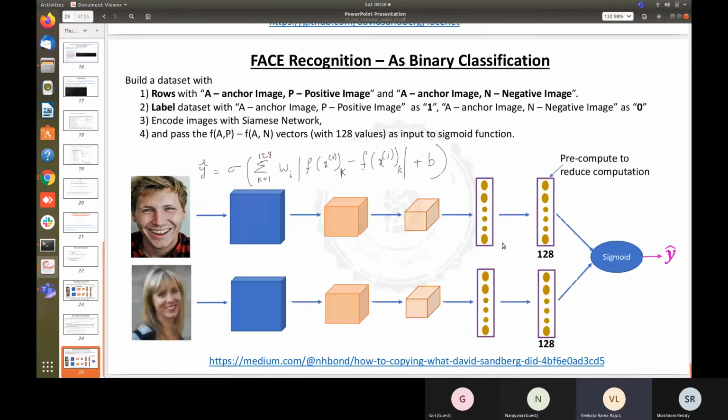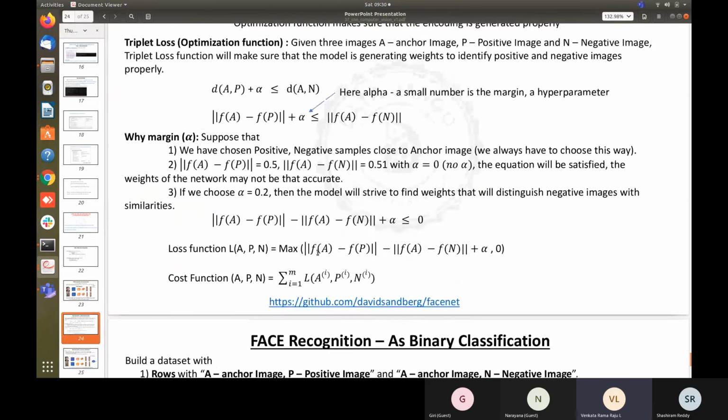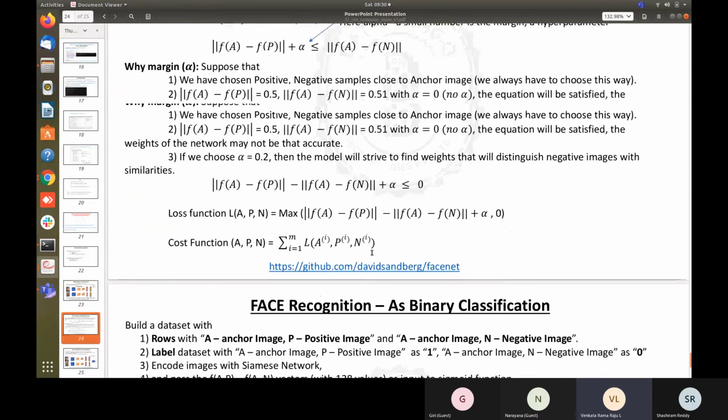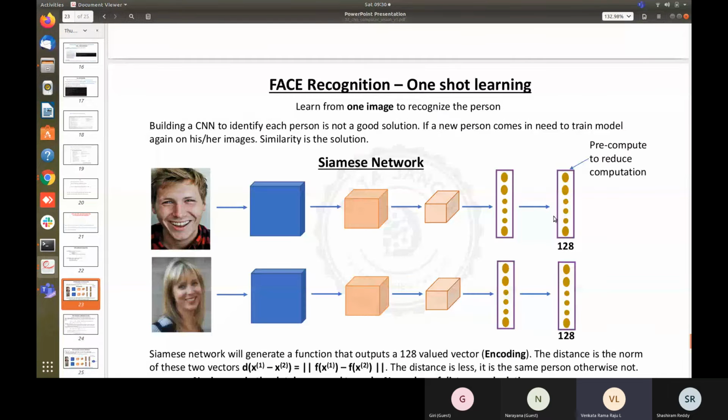There is another calculation which takes this 128 vector and compares it against the database. So if you have 1,000 people in your database, you take the current person in front of the camera, get the 128 vector, do 1,000 Euclidean distance calculations.